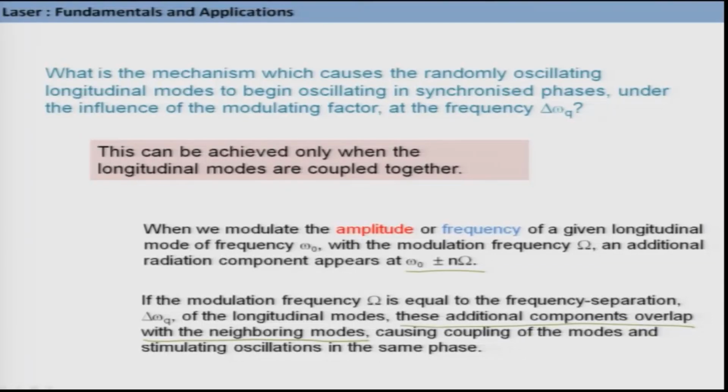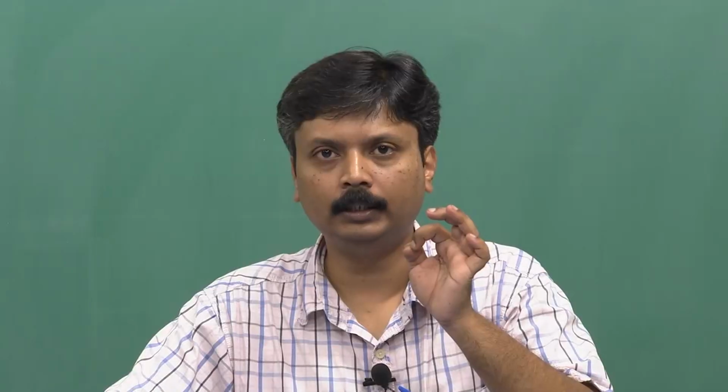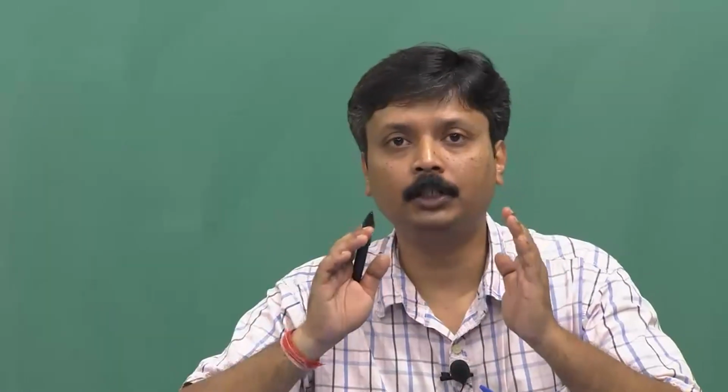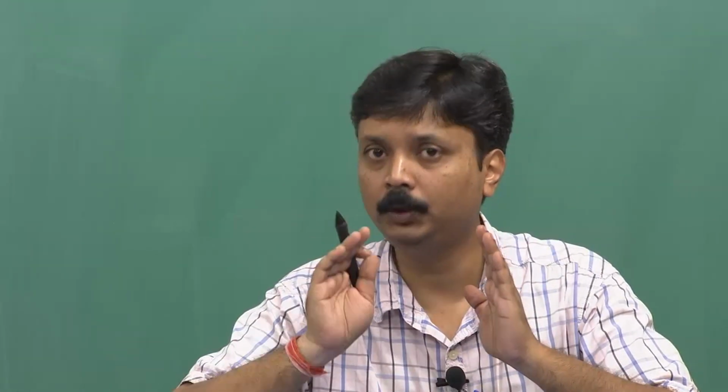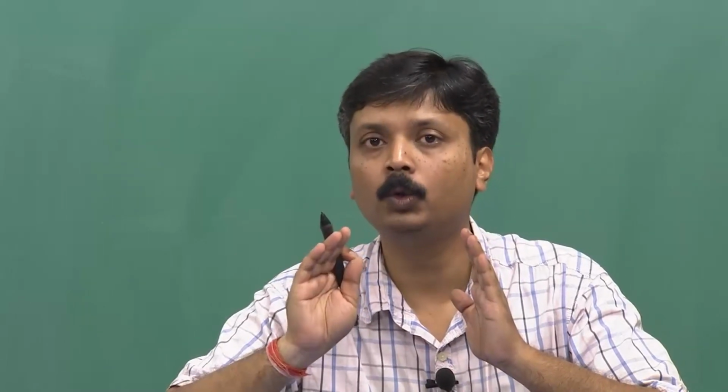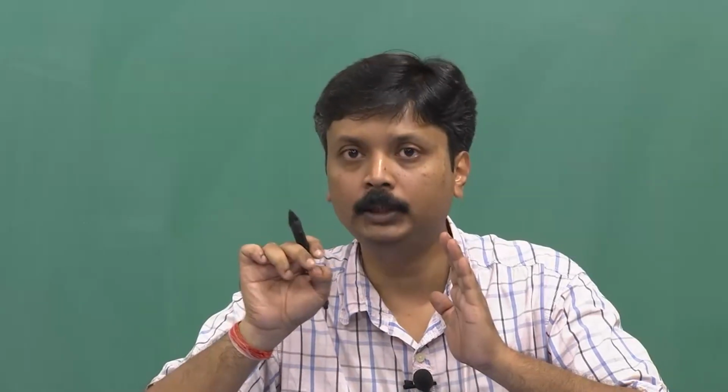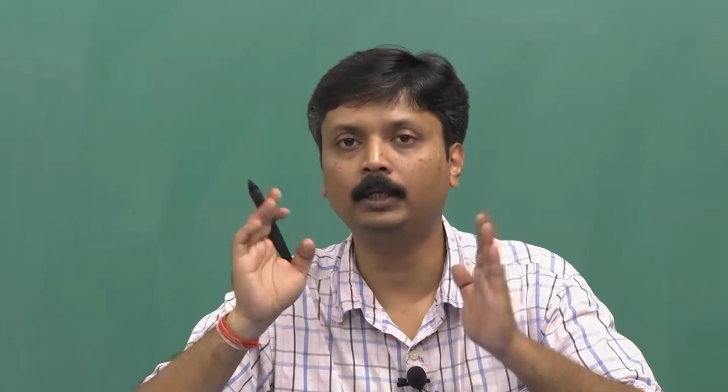If we can use a modulation frequency such that it is equal to the gap between the longitudinal modes, then these additional bands, or side bands, will exactly overlap the neighboring modes, because my modulation frequency is capital omega, and I am choosing this capital omega to be equal to delta omega q, which is equal to c by 2L, the gap between the longitudinal modes.